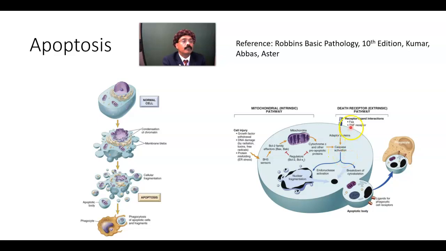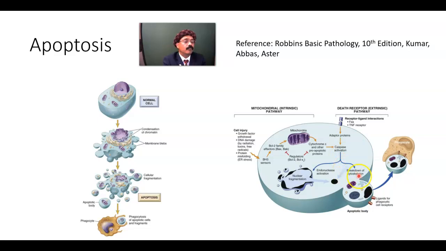Caspase activation is also done by the extrinsic pathway, like receptor-ligand interaction. This is the TNF receptor. We have the ligand, which is usually present on the cell membrane of the T lymphocyte. There will be interaction, adaptor protein formation, and again a series of caspase activation.